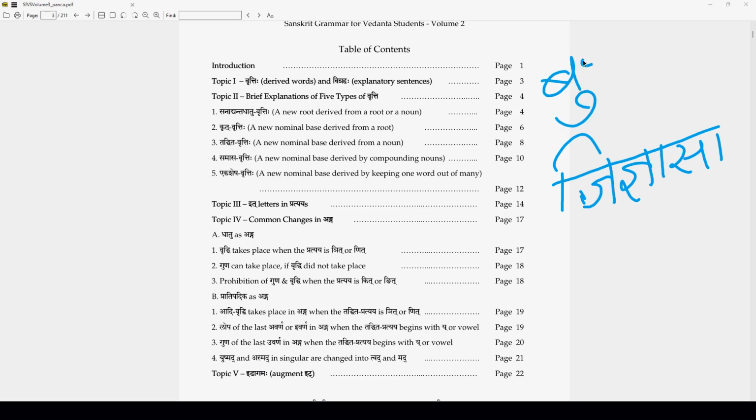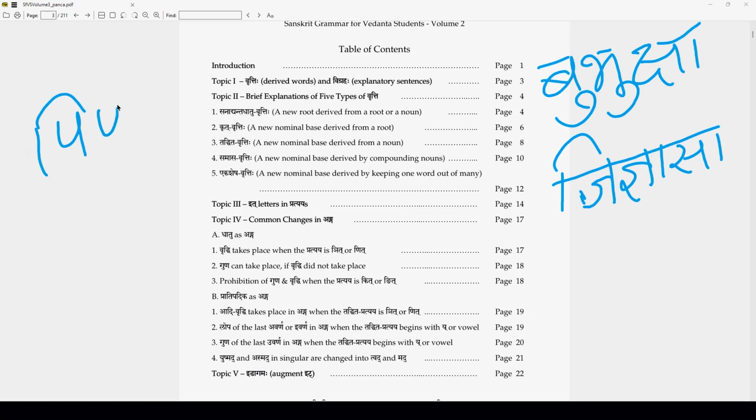Bubhuksha? Jigyasa, I think, I can guess that it's curiosity. Bhuksha is hunger, is it? Yeah. And then pipasa is like thirst.